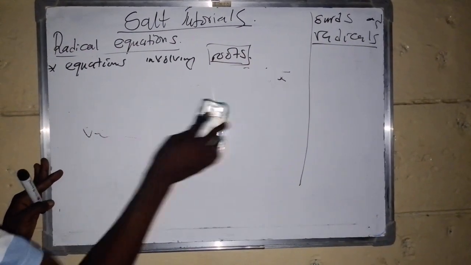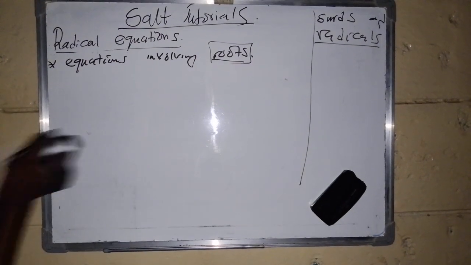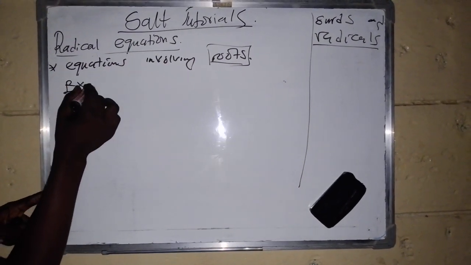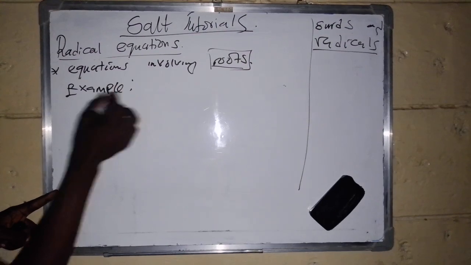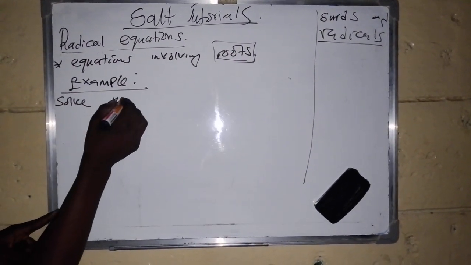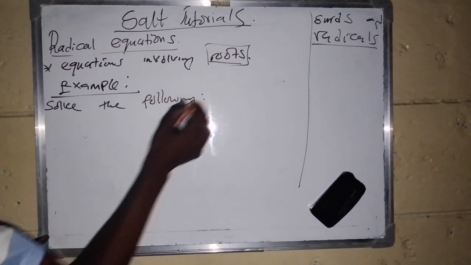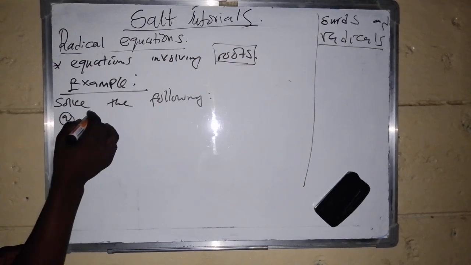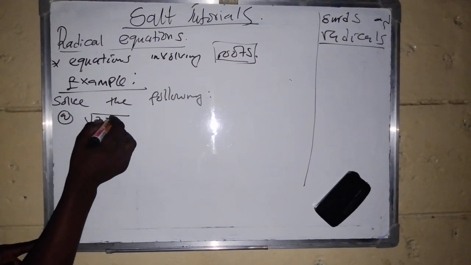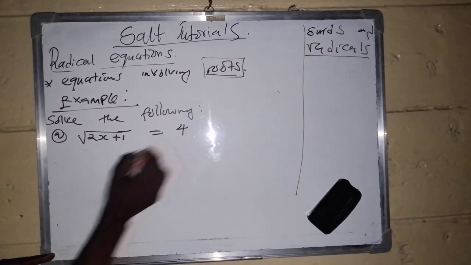Now look at this. Let's talk about one or two examples. For example, solve the following equations. A: the square root of 2x plus 1 is equal to 4.